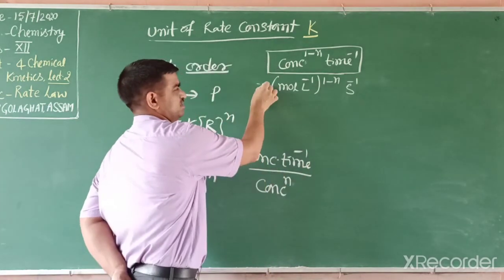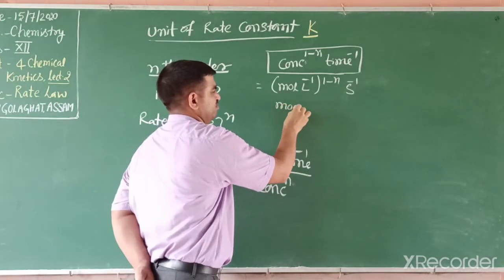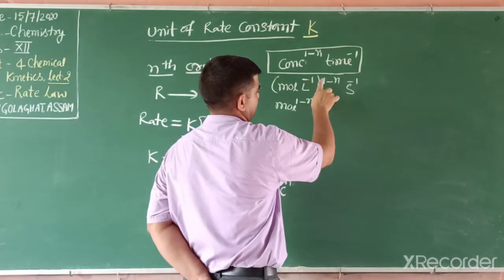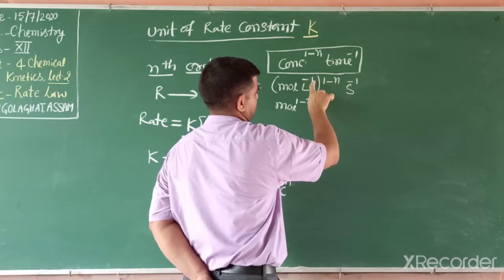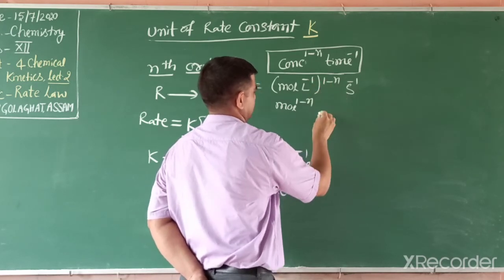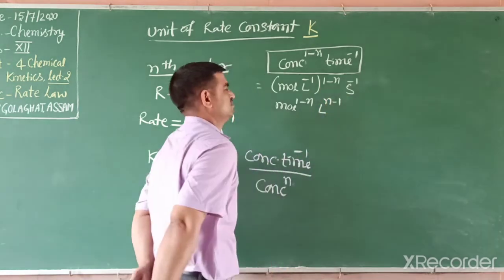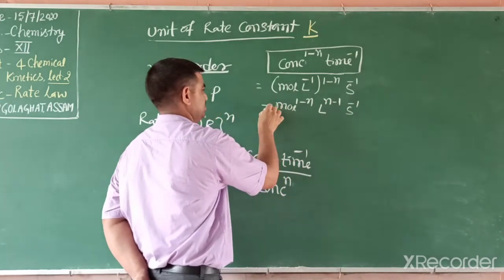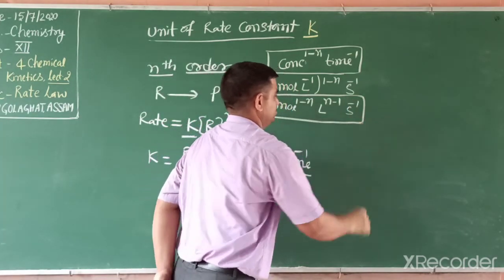So when we further solve, what happens? Mole to the power 1 minus n, and liter, when multiplied by this -1 into this, -1 into 1 is -1, but minus into minus gives plus n. So liter to the power n minus 1 and second inverse. So this one is for a general nth order reaction.